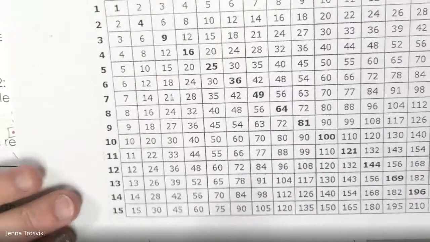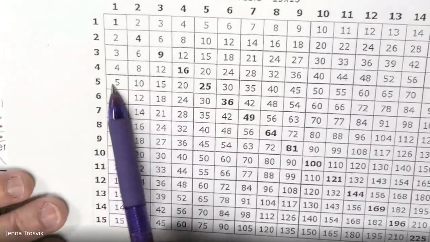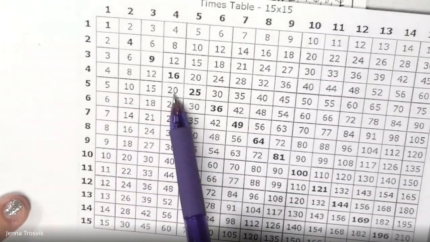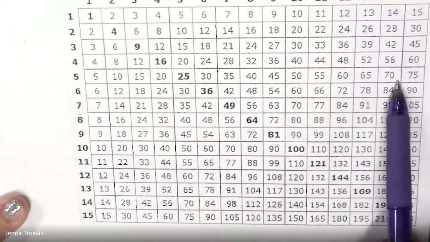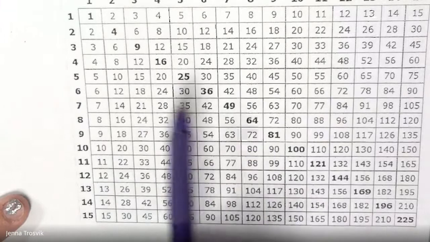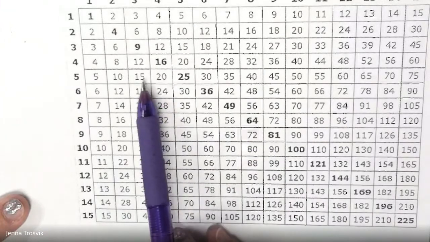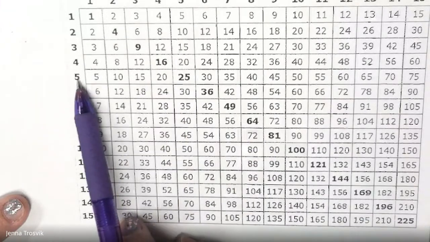You're going to start to see that pattern. There's a 5, a 0, a 5, a 0, and so on and so forth to infinity and beyond.